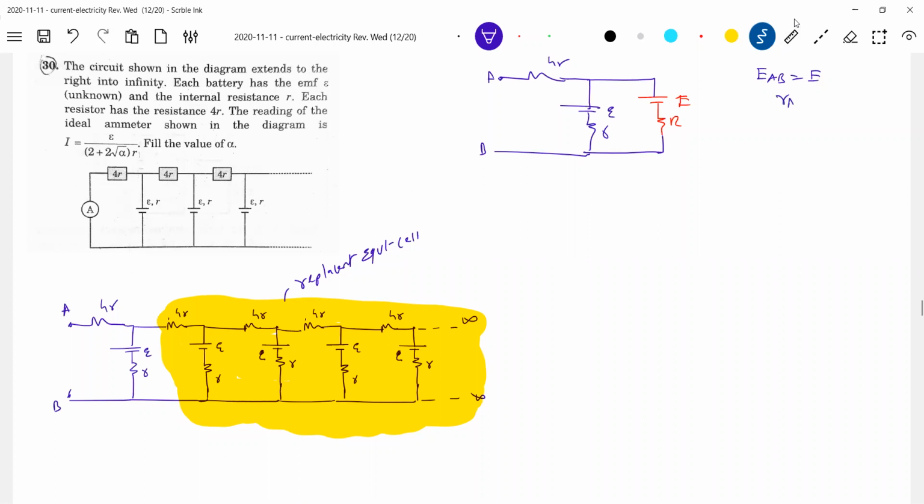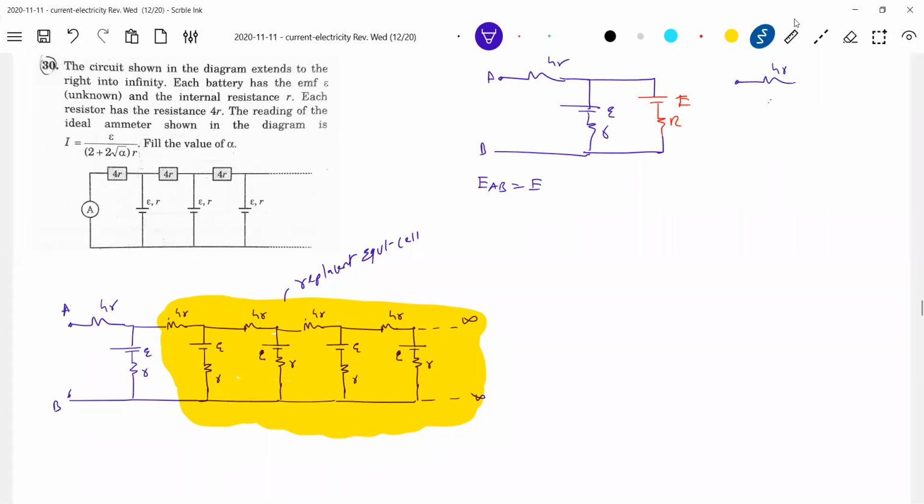And what should RAB be equal to? That we have to calculate. We don't know RAB. That has to be calculated. So shall I say this everything should be equivalent to one circuit? Time being, I'll write EAB. So now I'm going to replace all this with an equivalent circuit.